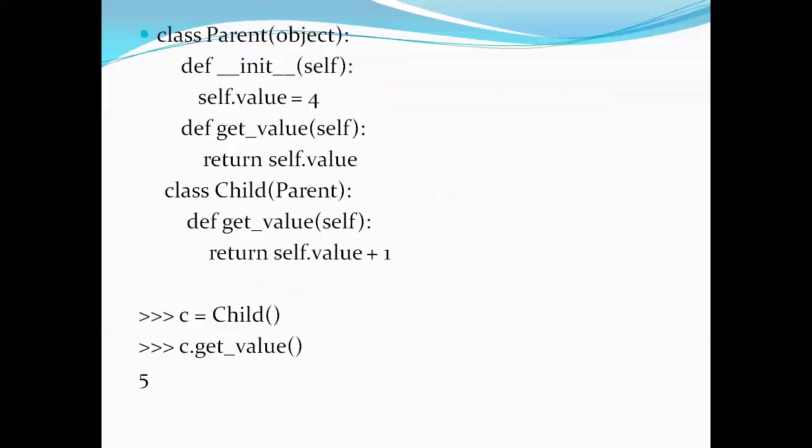For example, here is a parent class, and I'm going to define a child class with the parent. If you want to use the parent class, it should be implemented. If you don't have the parent class, you can't use it.